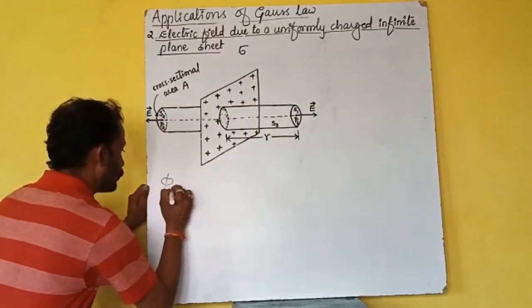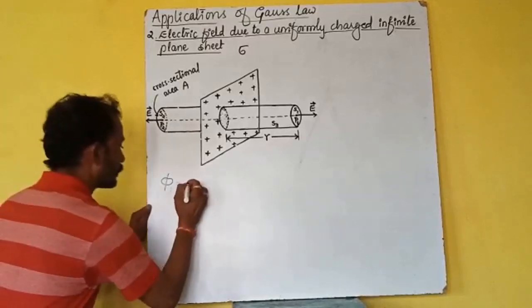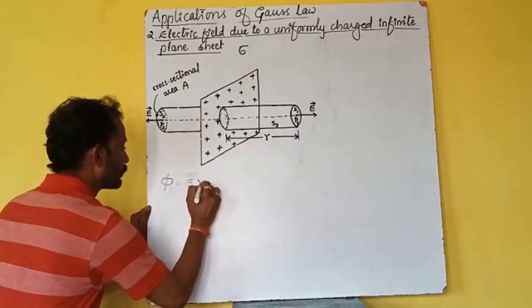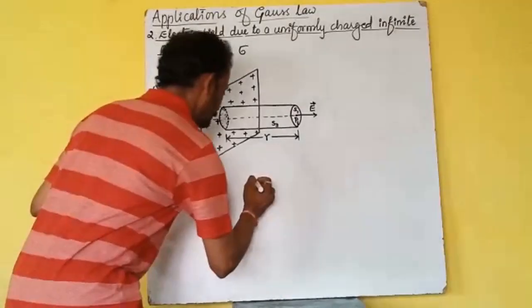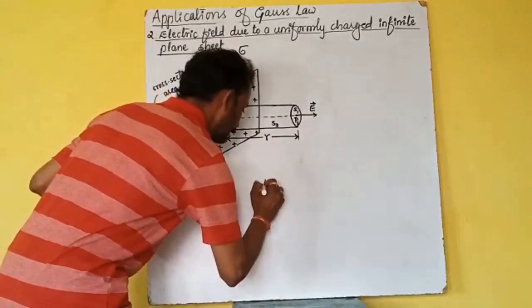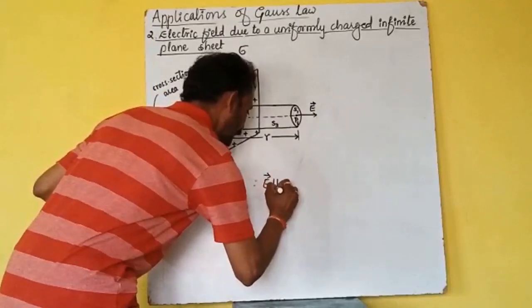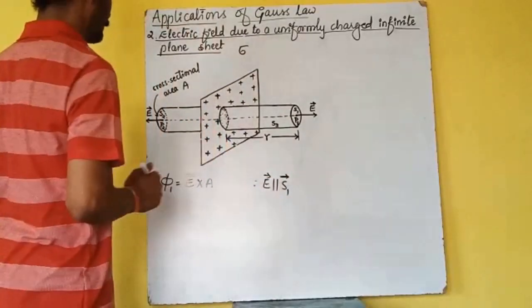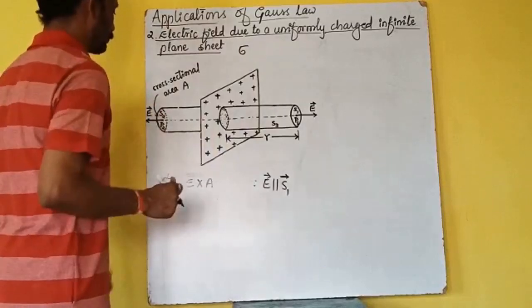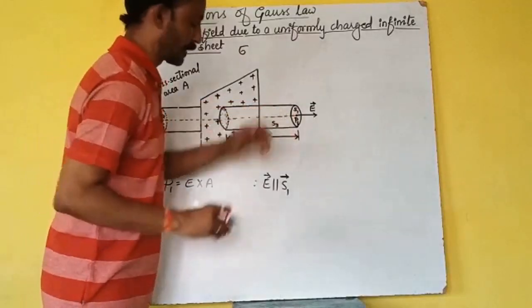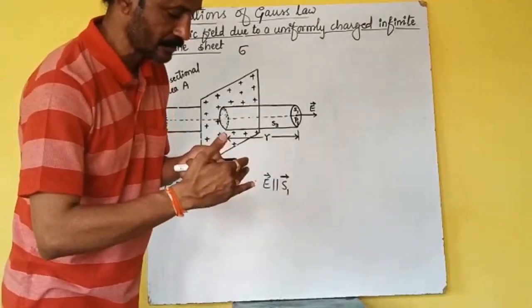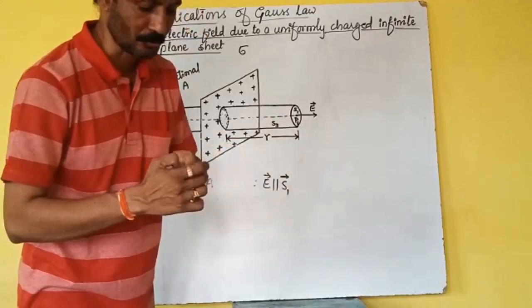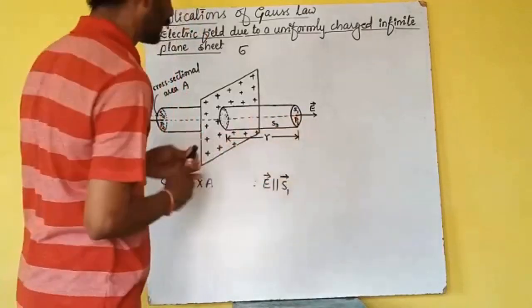Phi 1 is equal to E into A, because E is parallel to area vector S1. If we consider this plane surface, the electric field is in this direction, and if we draw the normal to this plane surface, that is also in the direction of the electric field.